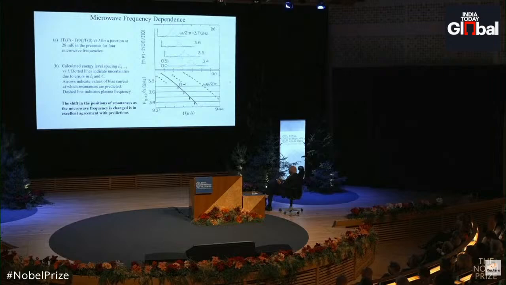And in B, we're looking at the calculated energy level spacings versus the current bias. So these are the different spacing levels, and the arrows indicate the values of bias current at which resonances are predicted. The dashed line out here is the plasma frequency. The shift in the positions of resonances as the microwave frequency is changed is in excellent agreement with the predictions.